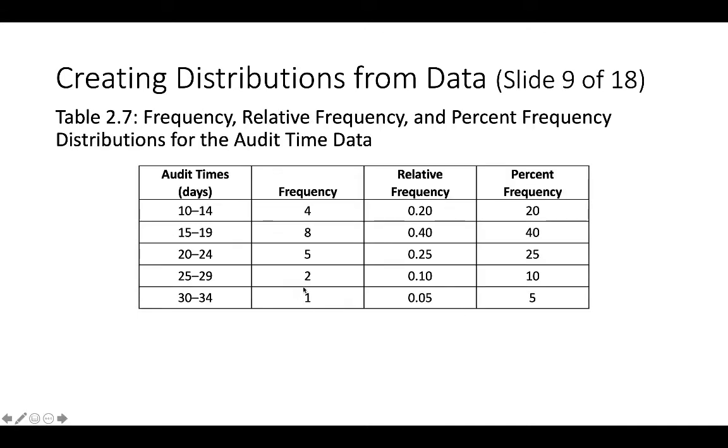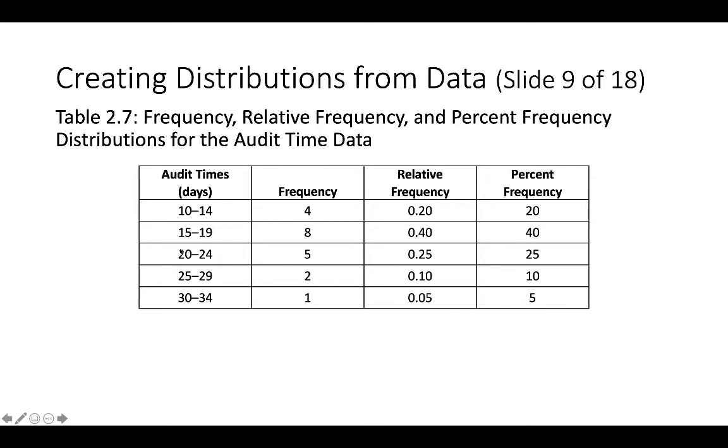We selected 10 days as the lowest bin limit and 14 days as the upper bin limit for the first class because we know that the smallest data value is 12. We find 4 values fall in this range, and the smallest data value, 12, is included in the 10 to 14 bin.